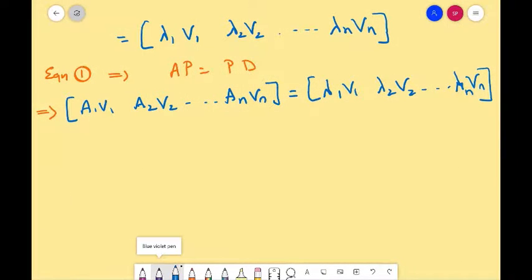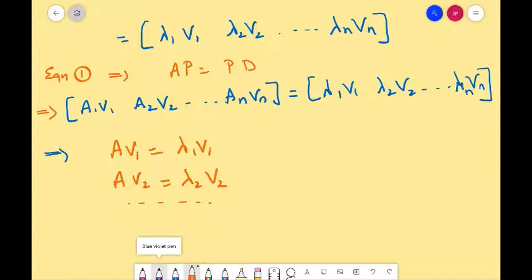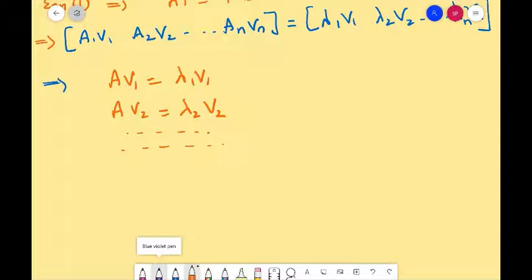So if you compare the like terms, we get AV1 is equal to lambda 1 V1, AV2 is equal to lambda 2 V2, and so on, AVn is equal to lambda n Vn. What is this? This is the definition of eigenvalue and eigenvector.